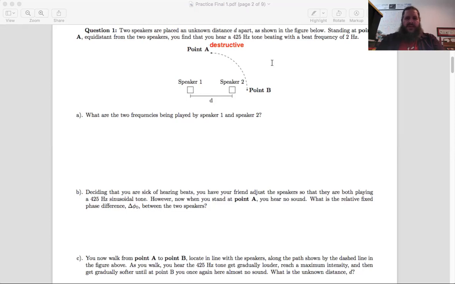We're going through a full cycle, yeah. So you've got destructive interference here and again at point B. Somewhere in between, you pass through a single location of constructive interference. So let's mark that also, presumably not exactly in the middle, but somewhere in between.